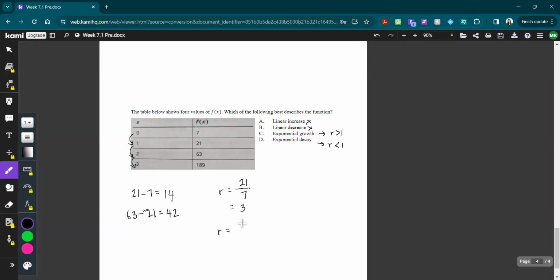Then we check 63 divided by 21, still a ratio of 3. And 189 divided by 63, you get 3. Since all of your ratios are greater than 1, it is an exponential growth. And this is how you can tell if it's linear or exponential if you're given a table.